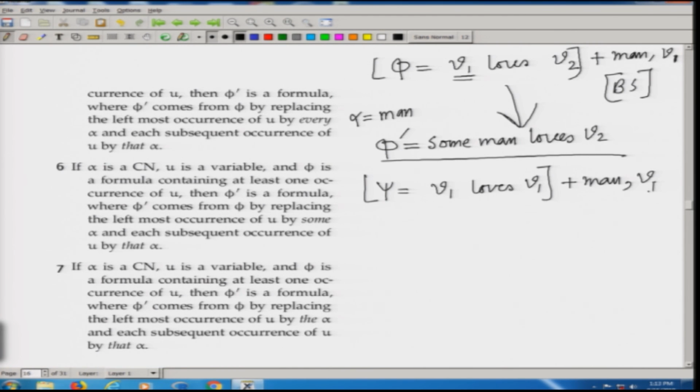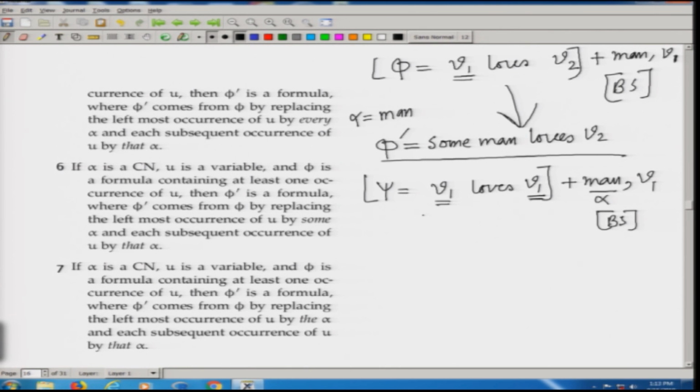Now, you see the first occurrence, the leftmost, the first one, will be replaced by some man, because we are using the same rule B5. Then the subsequent occurrences must be replaced by that common noun alpha, man is our alpha.